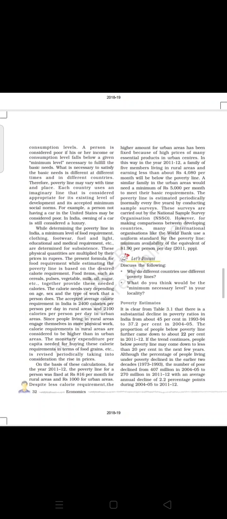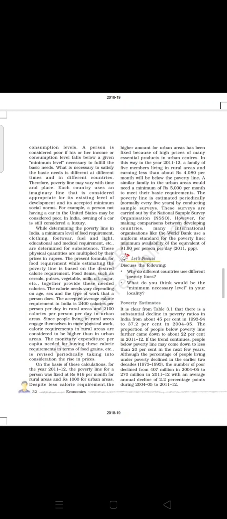The accepted average calorie requirement in India is 2400 calories per person per day in rural areas and 2100 calories per person per day in urban areas. Since people living in rural areas engage themselves in more physical work, the calorie requirement in rural areas is considered to be higher than in urban areas.